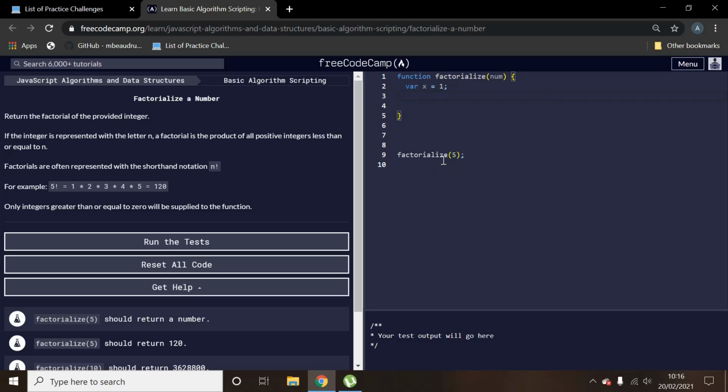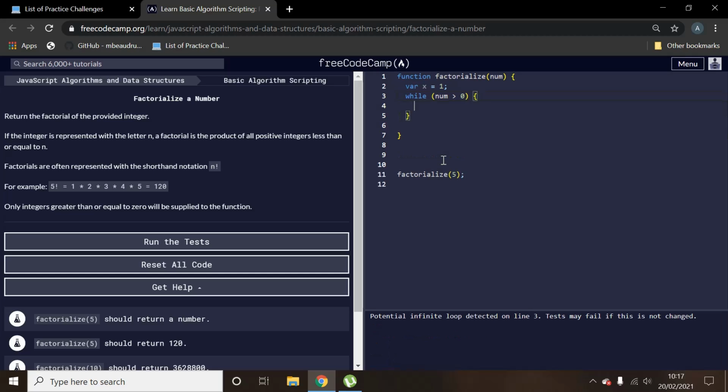This time we are going to use a while loop. While num is greater than 0. Why while num is greater than 0? Because for factorial, the lowest number is always 1.